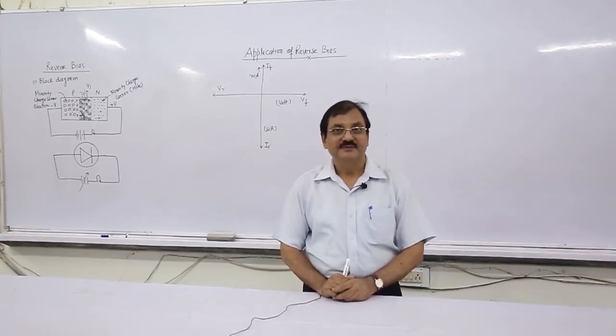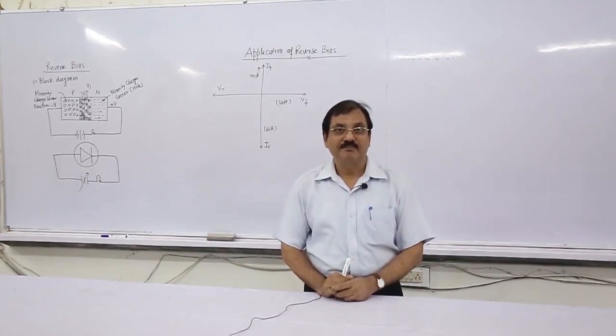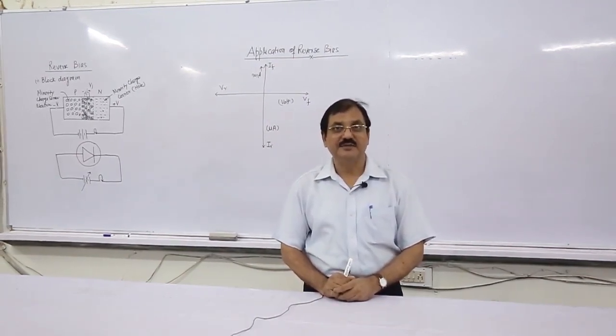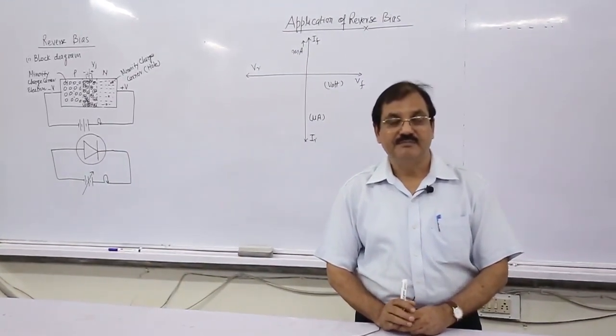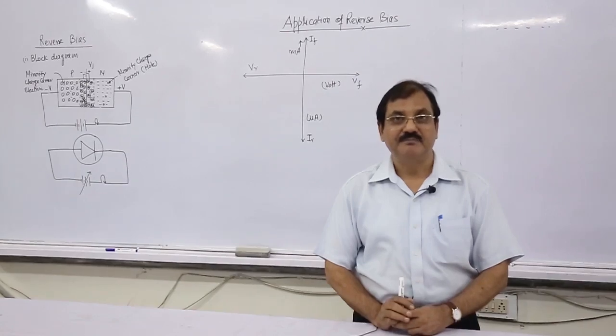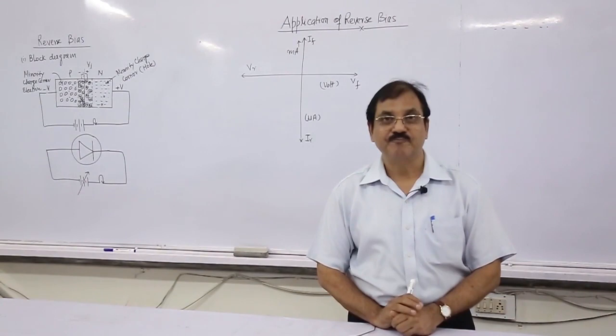If the external field reverses the natural direction of motion of electrons in n type and holes in p type, then it is termed reverse bias.